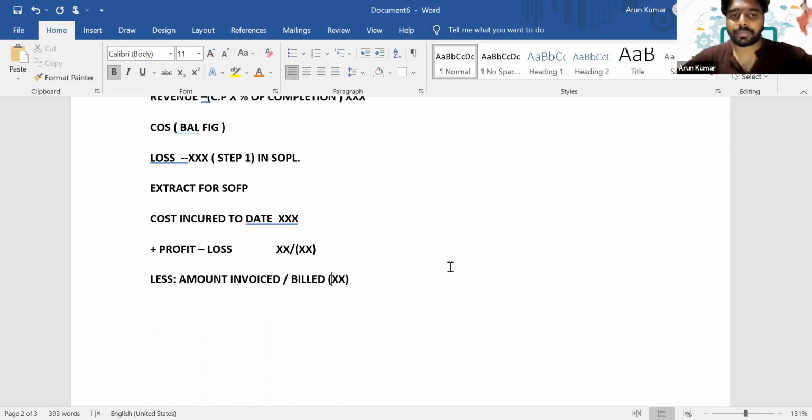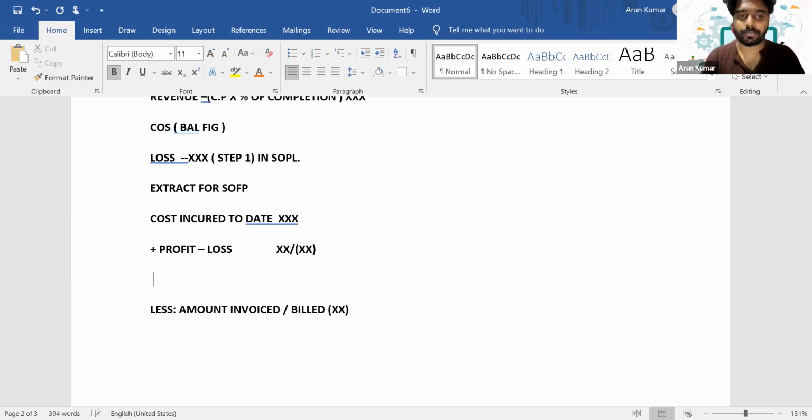The same way, if it's a loss, then it is the total cost incurred to date minus the loss, because we cannot charge the loss to your customer. So that loss should be deducted. Then finally, let's say the amount due from the customer is 1,000 and we have only billed 800.